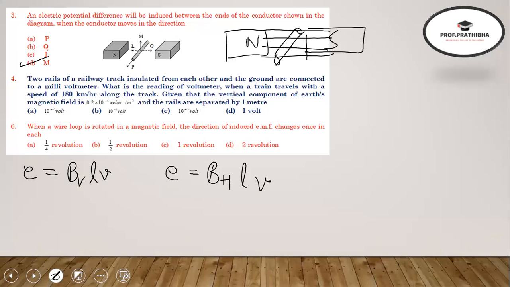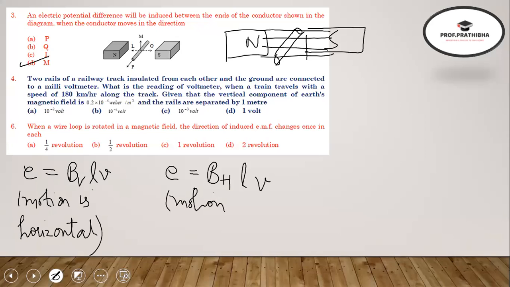When is this used? If the motion is horizontal, then we use E equals BVLV. And if the motion is vertical, then we use BHLV. So here we are using BVLV.